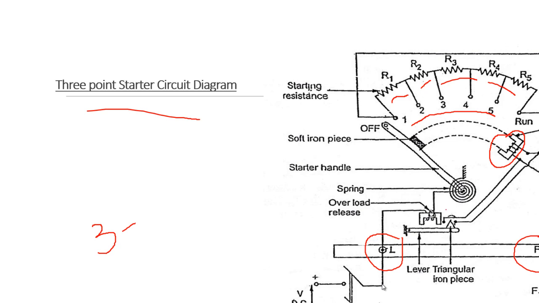So this is an overload release coil. If you observe here, first the positive is connected to L, and from L to the overload coil.